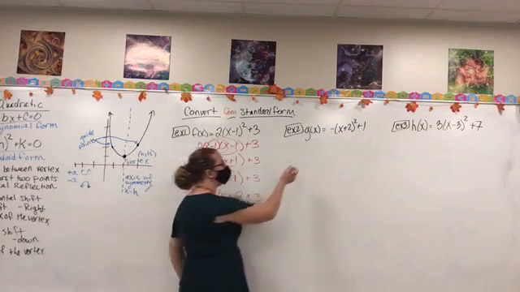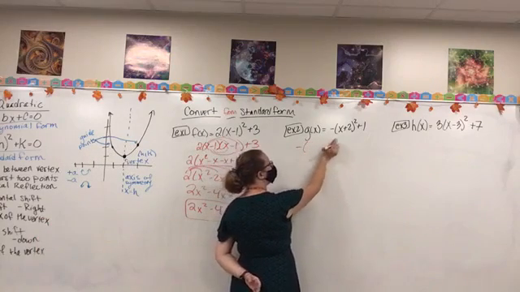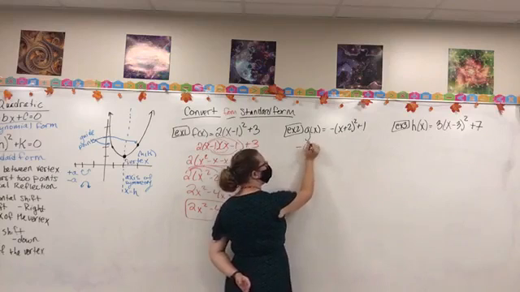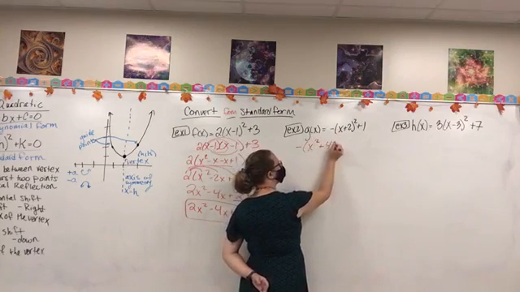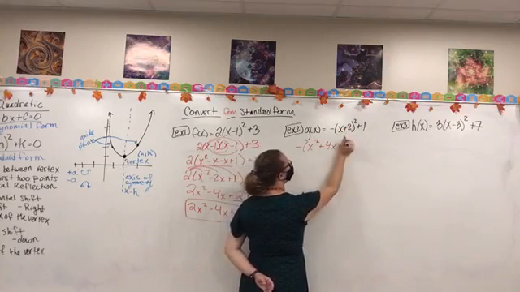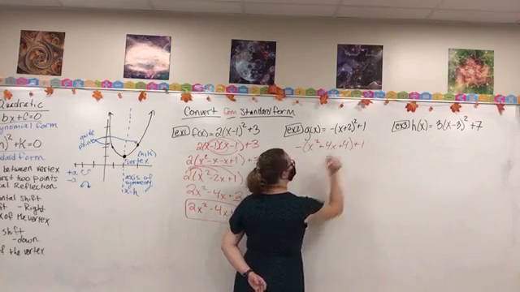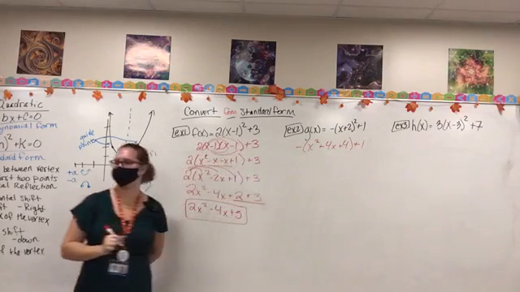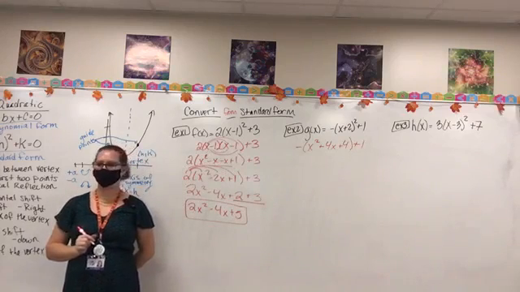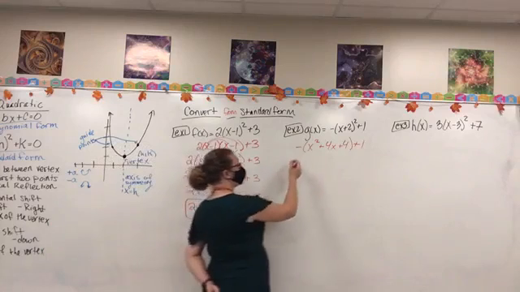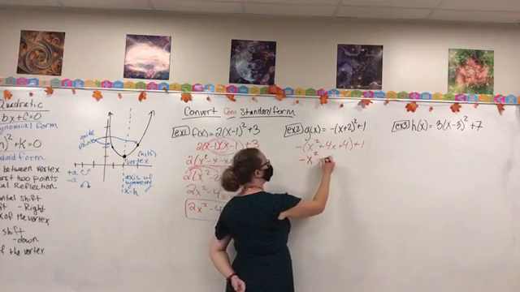So the negative stays outside until after you square double square. So x squared, 2x doubled is 4x, plus 2 squared is 4. Okay. Distribute the negative.